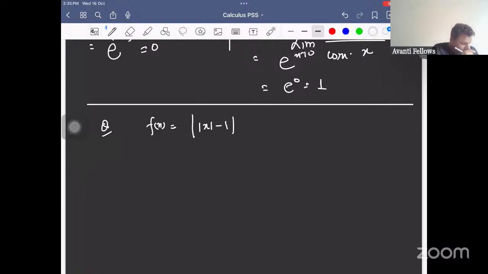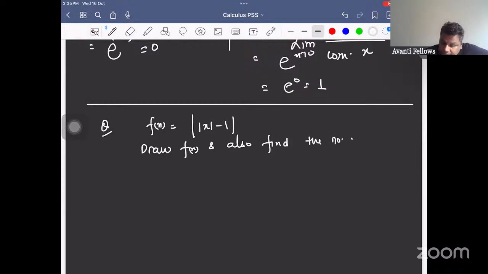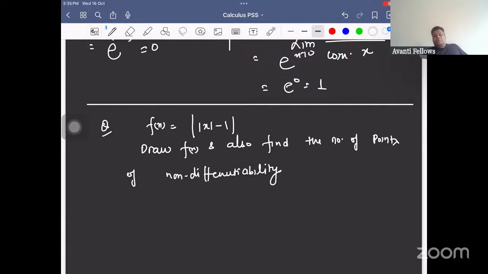And now the question is: draw f(x) and also find the number of points of non-differentiability for f(x).